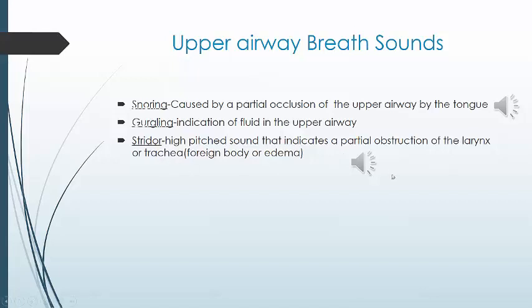Stridor is that high pitch that indicates an obstruction of the trachea or the larynx. Obviously, if you hear that, we know that's not good. We recognize that sounds terrible.